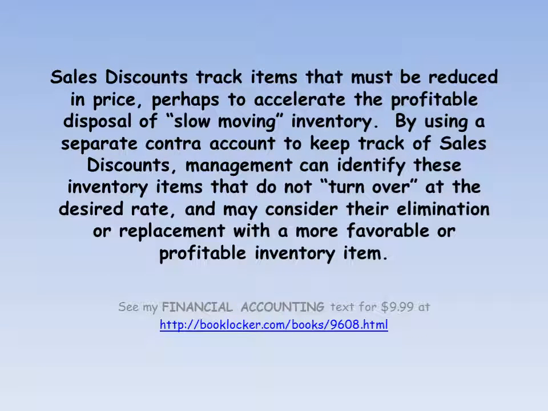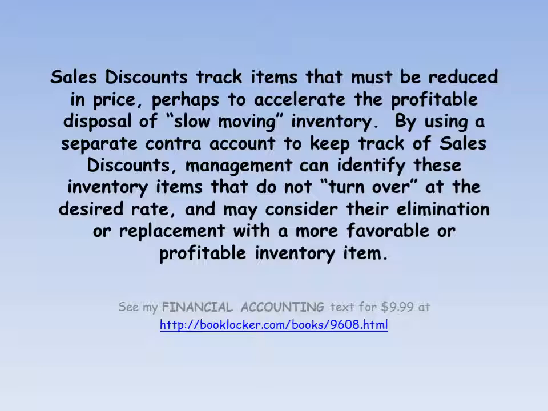Sales discounts track items that must be reduced in price, perhaps to accelerate the profitable disposal of slow-moving inventory. So retailers might actually put in orders well before December, 6 months or a year before. They have slow-moving inventory. They need to get it off the shelves in anticipation of new inventory arriving and limited shelf space.